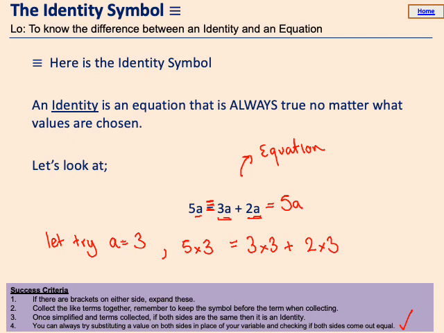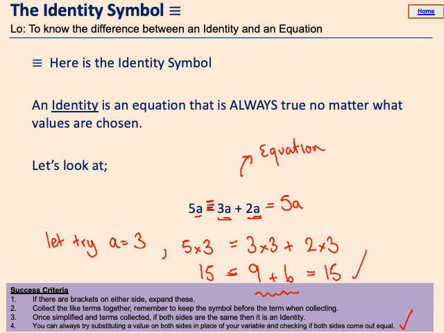So as you see there, our a here has become 3, our a here has become 3, and our a here has become 3. So let's calculate both sides. 5 times 3 gives me 15. And now on the right hand side, we have 3 times 3 gives me 9, added to 2 times 3, which gives me 6. If I add these two together, I'm going to get 15.